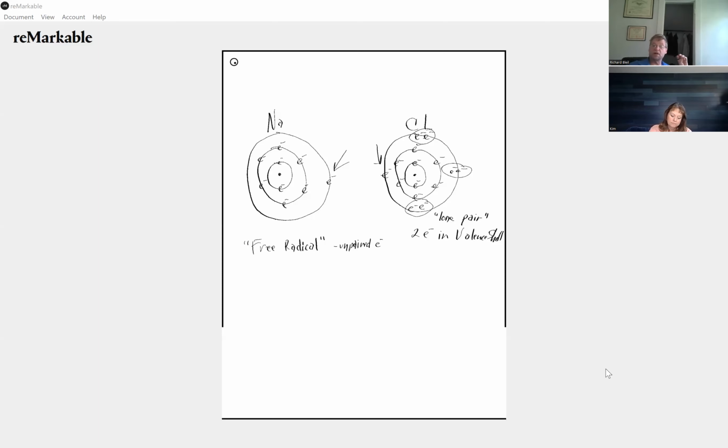Free radicals are highly, highly, highly reactive. They're excessively reactive. They're very unstable because they're very unhappy. They have an unpaired electron. Who wants to live? It's not worth living alone.